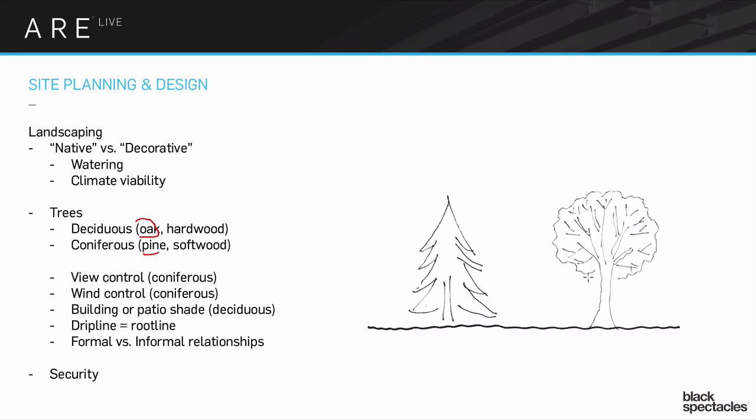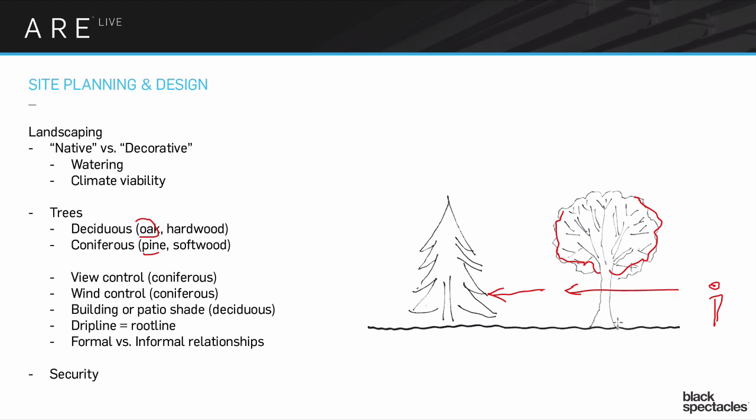Clearly I'm not going to use a deciduous tree that has a large full canopy, but I can see straight through if I'm standing over in the restaurant. I would use for view control, this is probably the worst coniferous drawing ever done, but you get the idea, this sort of pine tree type of coniferous tree, because that same view is going to get blocked down where the views are important.